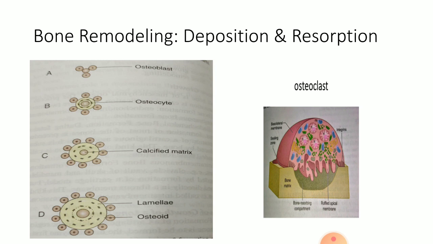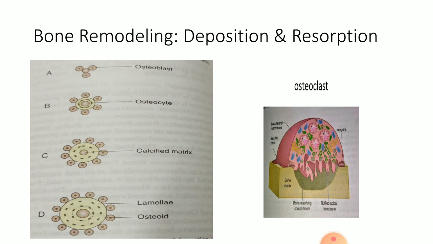So what I have told, the bone deposition, that is calcification of osteoid tissue, is kept under check, is prevented by pyrophosphate. Pyrophosphate actually maintains the solubility of calcium and phosphate in the surrounding, and it prevents hydroxyapatite crystals to be deposited over the collagens.